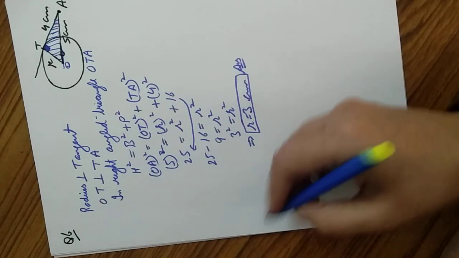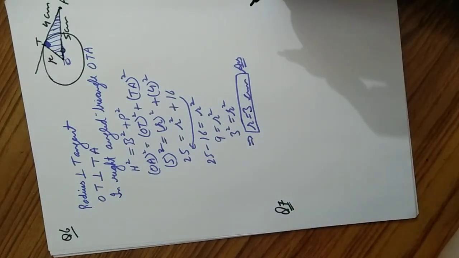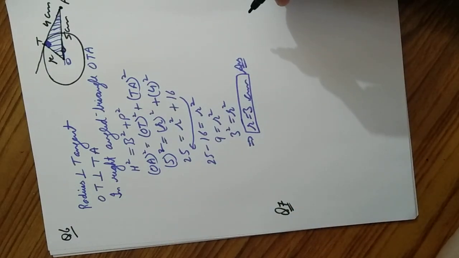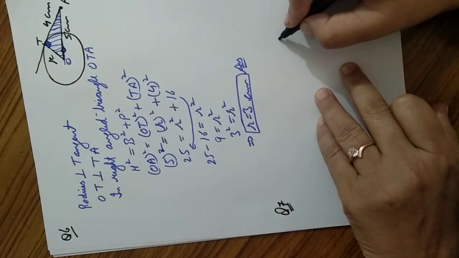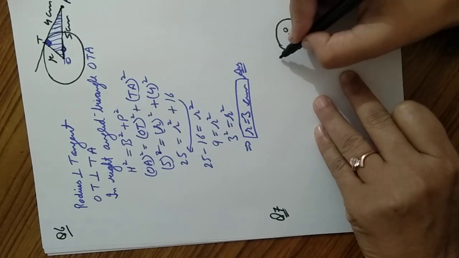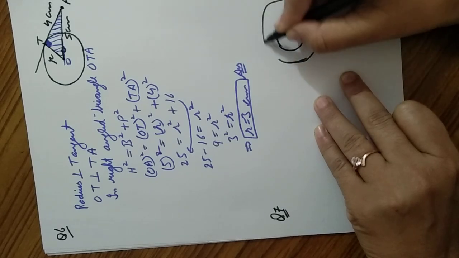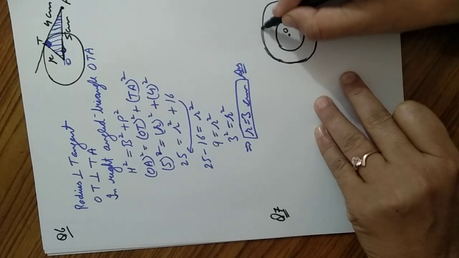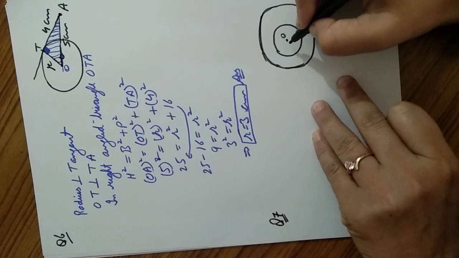Okay. Next question number 7. The statement is two concentric circles are of radius 5 centimeter and 3 centimeter. Concentric circle means those circles whose center is same. Let us suppose this is my circle with center O. We are having another circle and its center will be same, that is center will be O. So let us draw the other circle with same center.